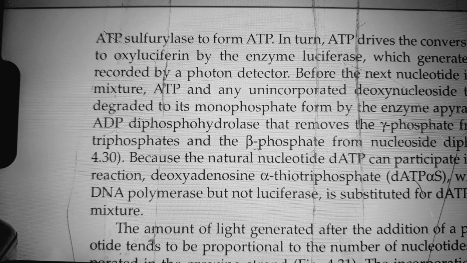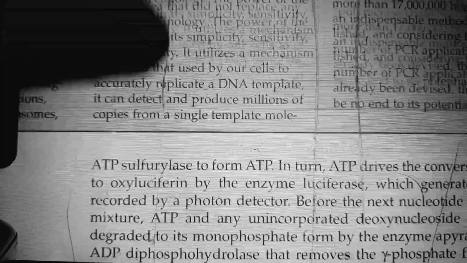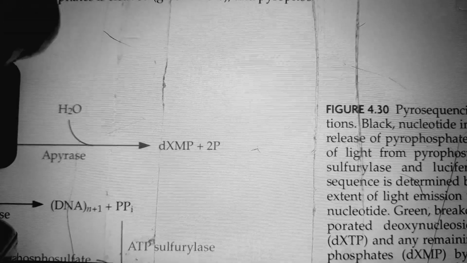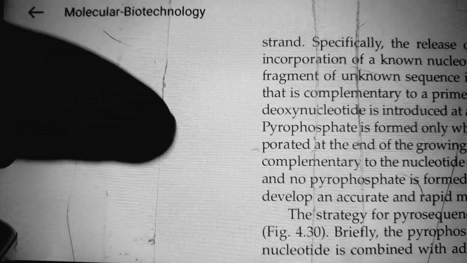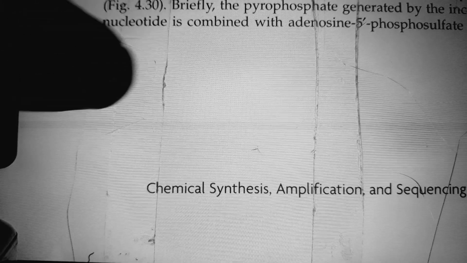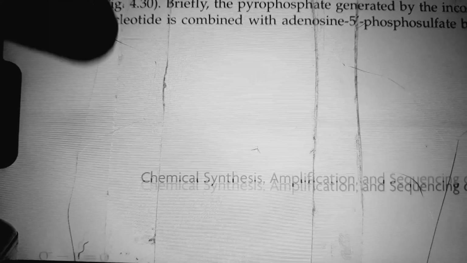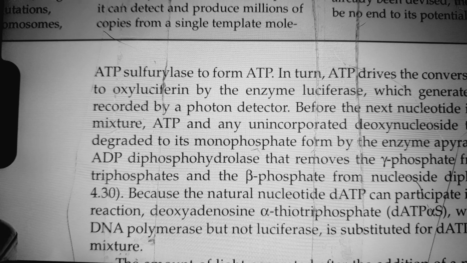And now, ATP sulfurylase to form ATP is the continuation of the former part. Now briefly, the pyrophosphate generated by incorporation of a nucleotide is combined with adenosine 5' phosphosulfate by the enzyme we just read about, ATP sulfurylase, to form ATP.